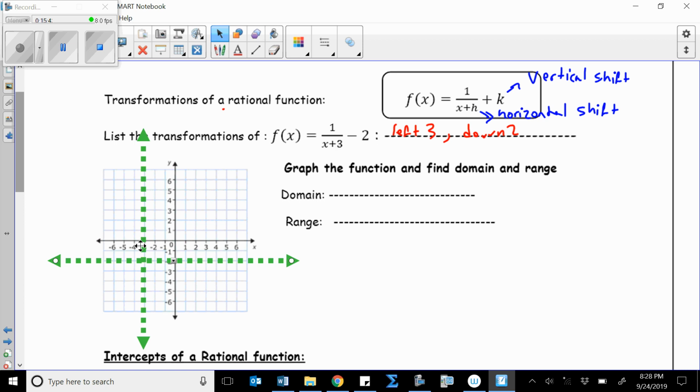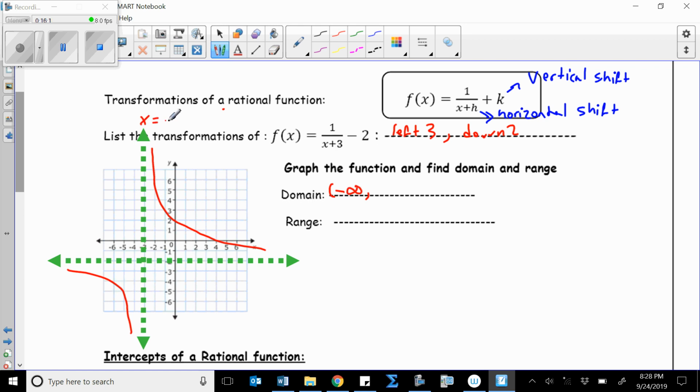So the first thing in order to graph a rational function is to find the asymptotes, how asymptotes are moved. Then all you need to do is to graph your function in a way that your graph is getting close to the asymptote but doesn't pass. So it's going to be something like this. This is the graph of the function. Again, for your domain, we are going to write the domain by excluding the asymptotes. Like here, the asymptote is x equal to negative 3.